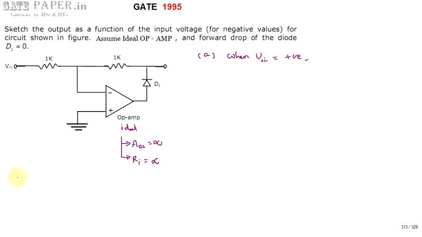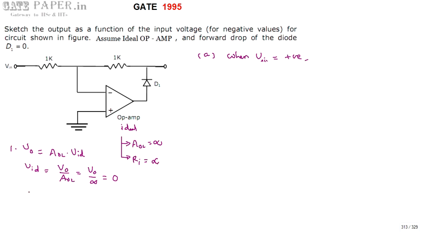First we will see A_OL, the open loop voltage gain, is equal to infinity, and we can define the output of the op amp as V0 equal to the open loop gain times the input difference voltage VID. So VID is equal to V0 divided by A_OL, that is V0 divided by infinity, so it is 0.